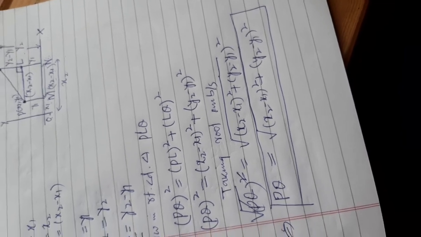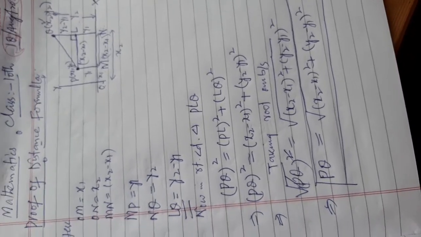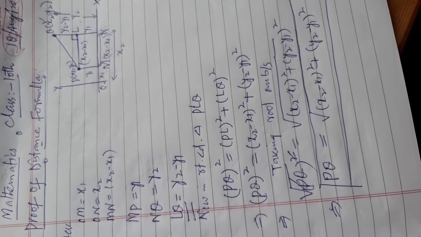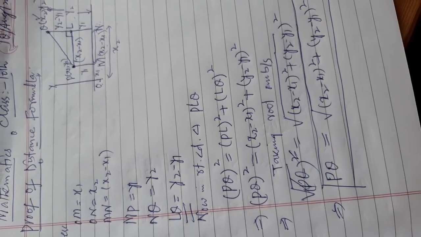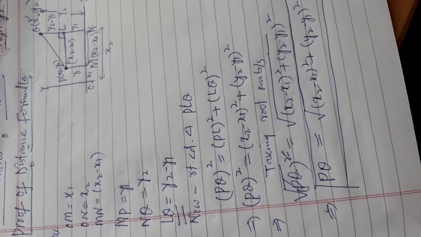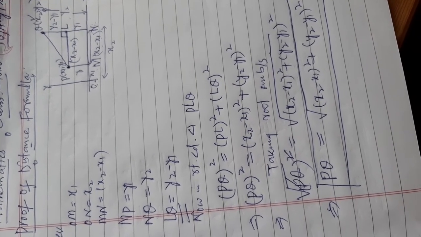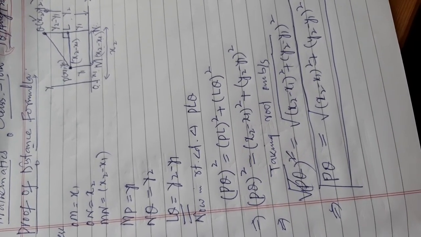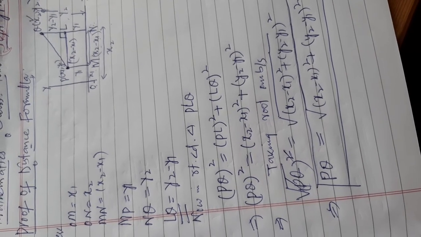So the distance formula is as follows. First of all, we consider 2 points on the Cartesian plane. One is P and second is Q with the coordinates x1 and y1 and x2 and y2 respectively. Then we calculate the abscissa and the ordinates.